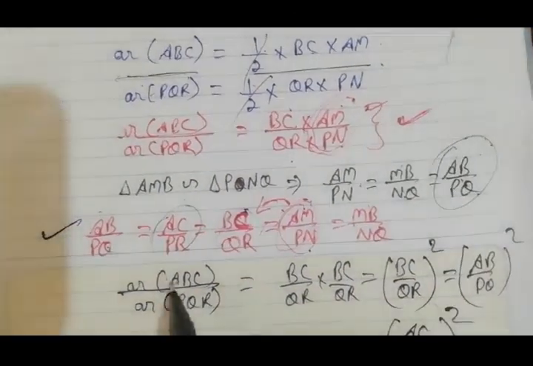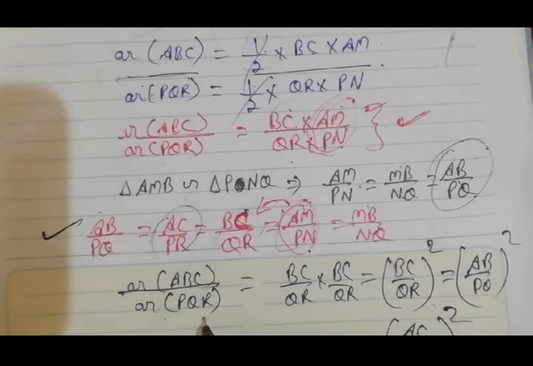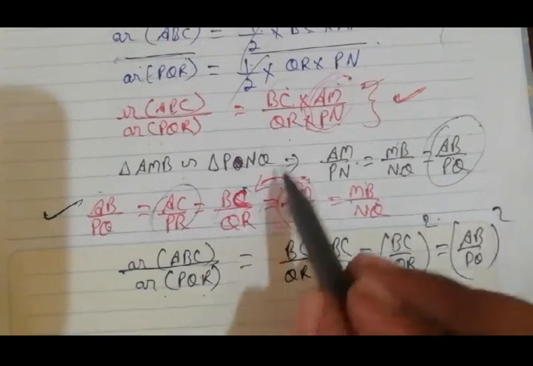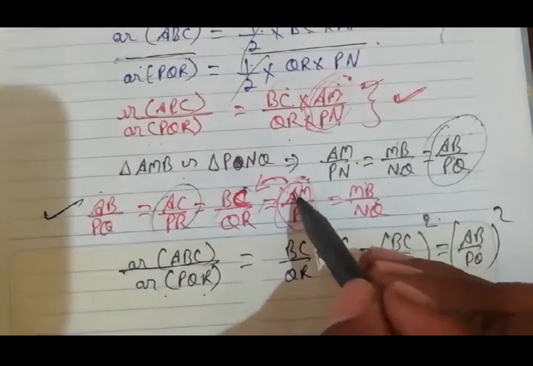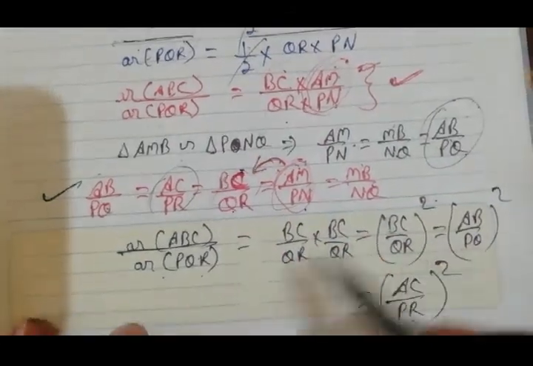So now the ratio of area of triangle ABC and area of triangle PQR can be written as BC upon QR whole square, because in place of AM upon PN we have written BC upon QR. Now we will move to the questions of your exercise, that is exercise number 6.4.